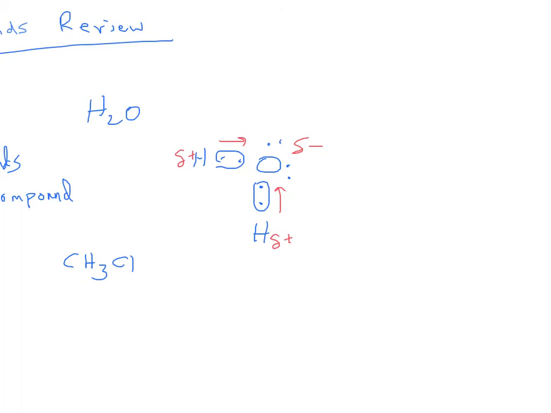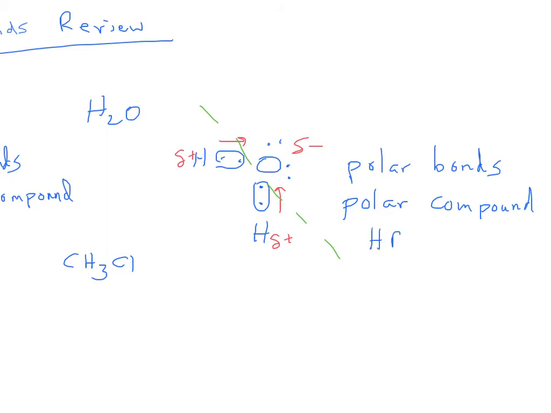This compound contains polar bonds. It is also a polar molecule. I can separate the positive side from the negative side, or use the arrow or symmetry test to figure this out. In terms of intermolecular forces, because I have H's directly attached to O's, water can hydrogen bond.